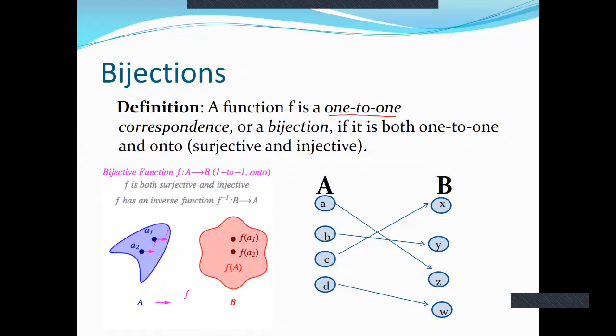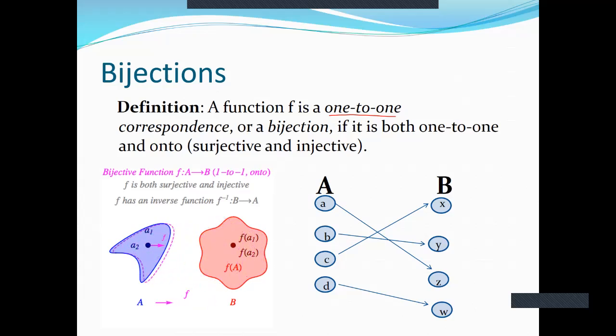Such a function is called a bijective function. You can see in the animation here that F is both surjective and injective. This is a necessary condition, and both conditions are fulfilled if the function is one-to-one as well as onto.